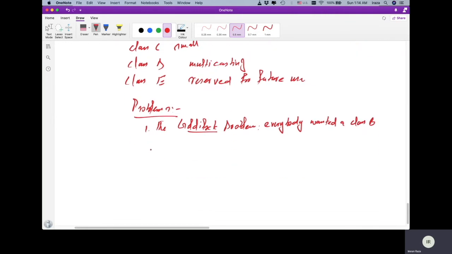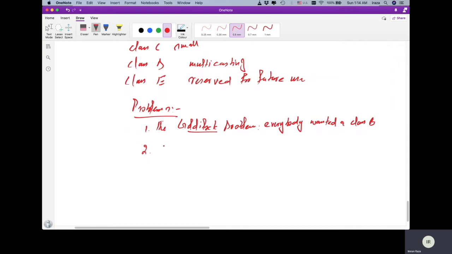This fixed distribution of network and host addresses may result, and in fact it results, in inefficient use of the address space.